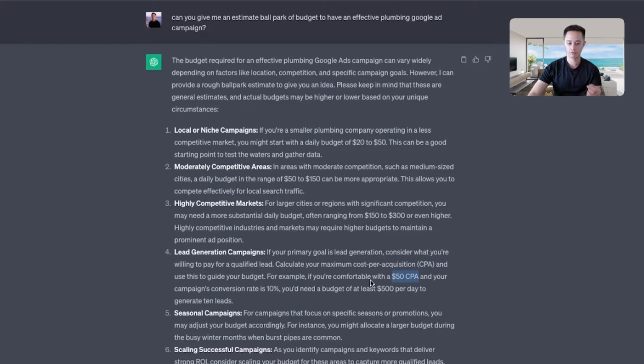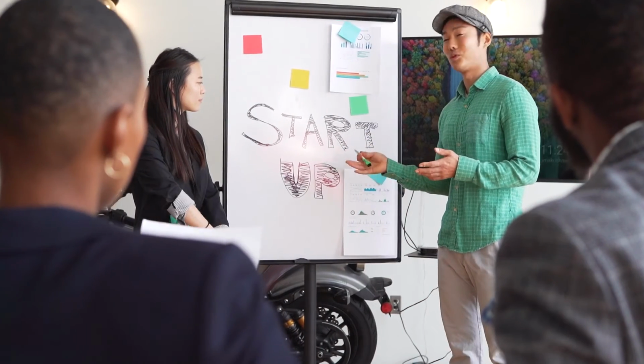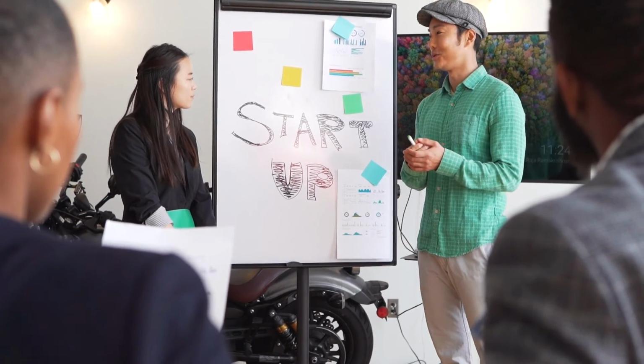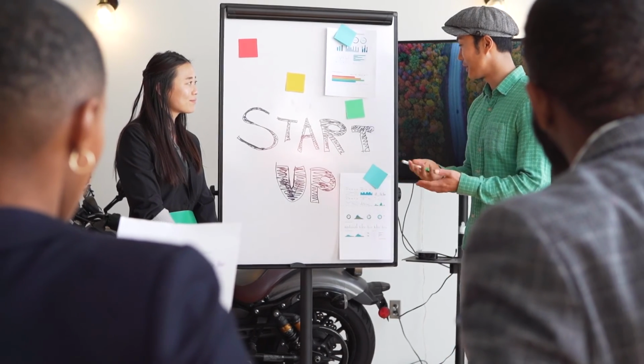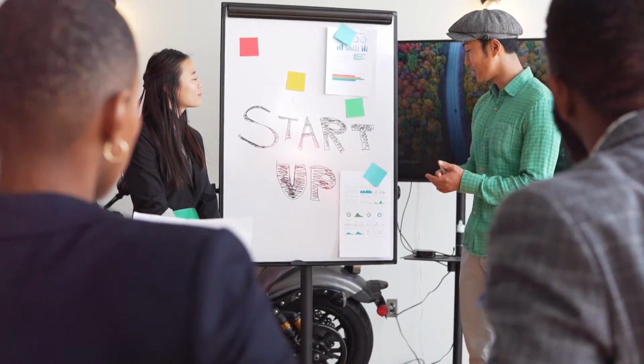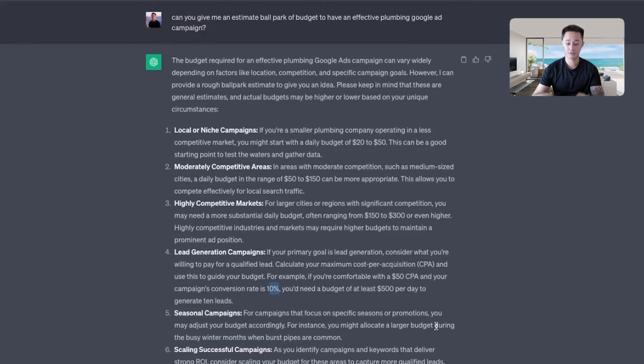The next thing we want to focus on is making sure our conversion rate is high. 10% is about the industry average, but if you're working with a good marketing agency that knows what they're doing, they should be able to get you above 20%, and then into that 40 to 50% if everything is really well put together.